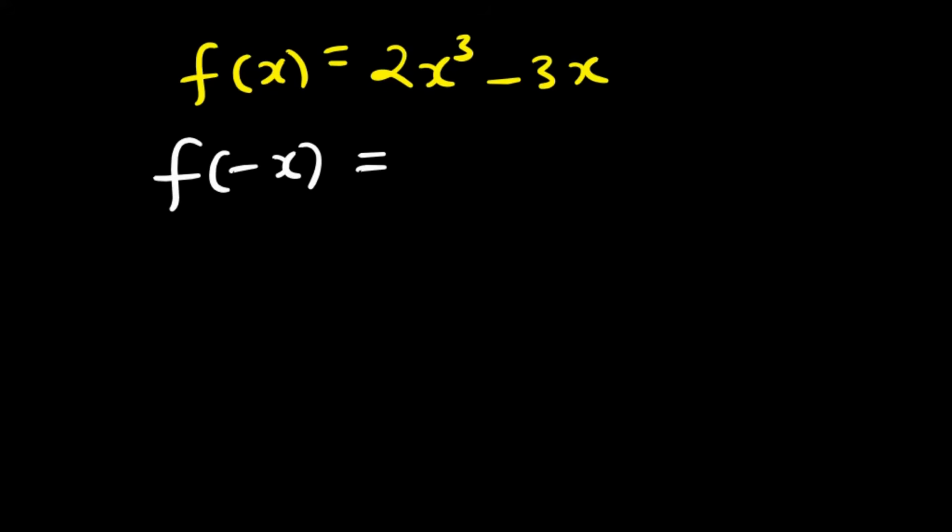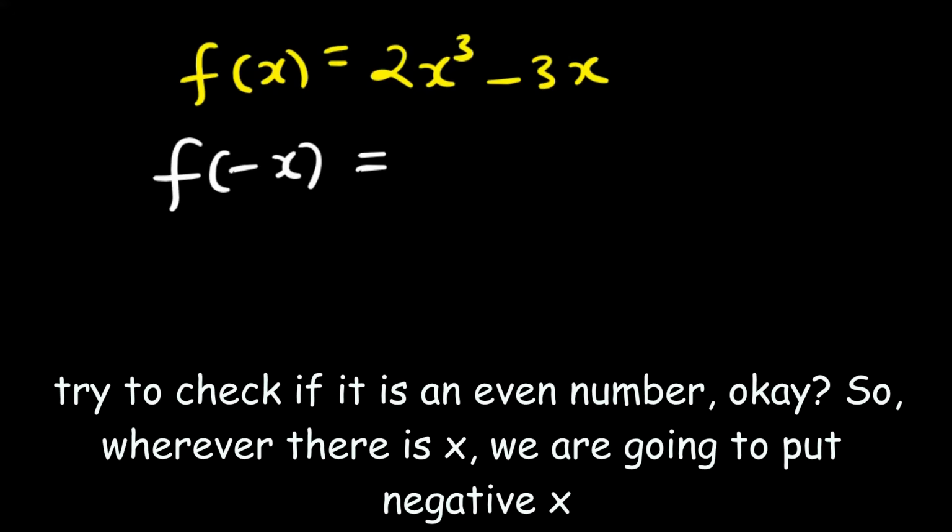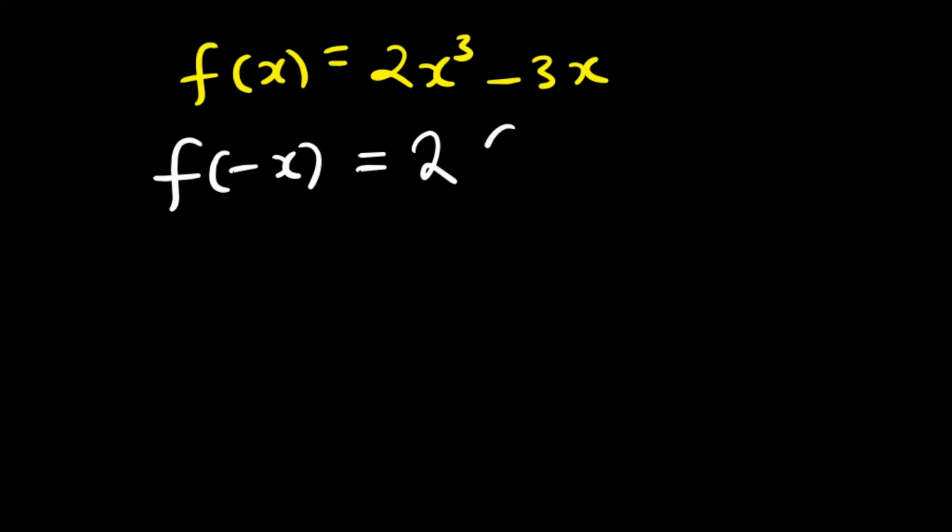before you check for an odd function, try to check if it is an even function. Okay, so wherever there is x, we're going to put negative x. So it will be 2 times negative x to the power 3 minus 3 times negative x. Then we solve.